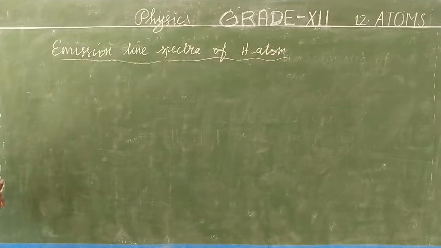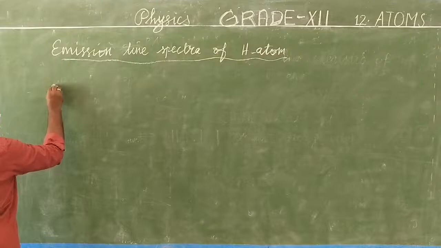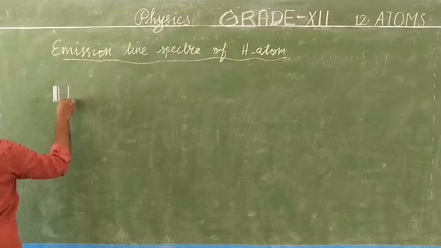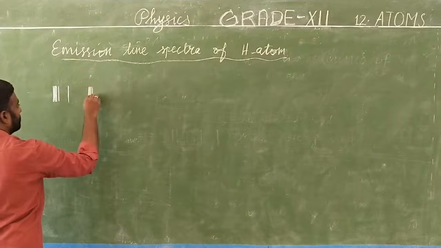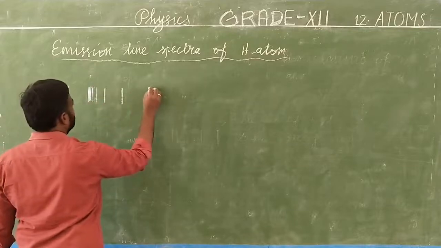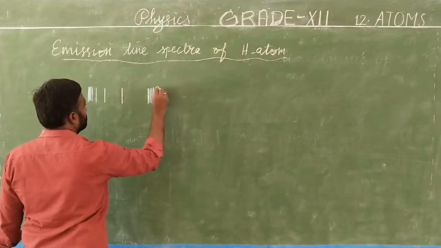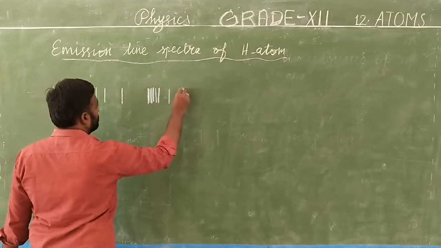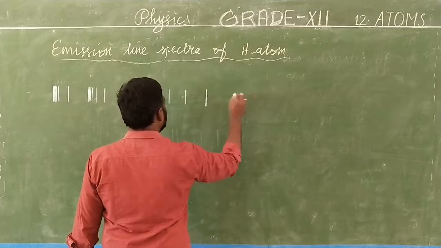Actually, it is a continuous spectrum, so it has a certain set of series. What is the spectral series we are going to see? It goes like this.